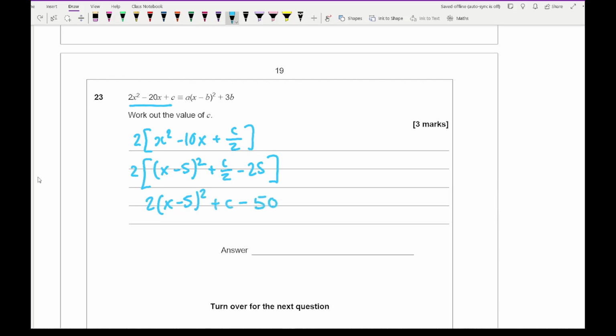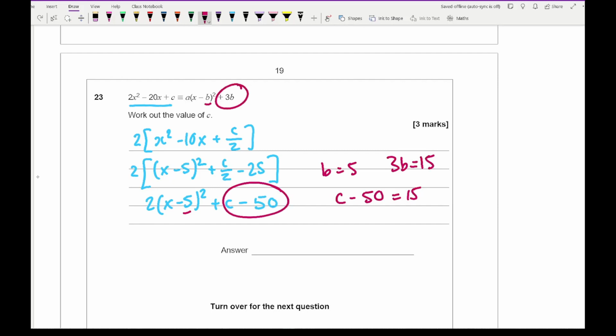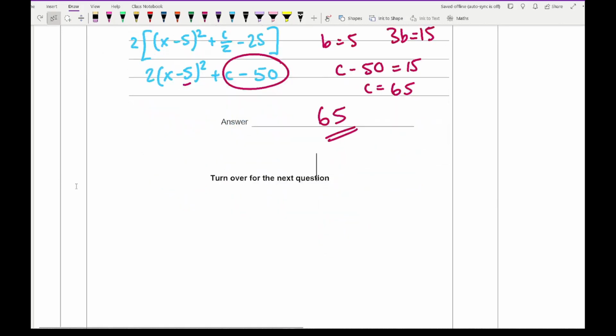Now from this I can say that b equals 5, and if b equals 5, then 3b is going to equal 15. And then I've got that c minus 50 equals 15, because I'm comparing this to this, and then c is going to give me an answer of 65. There is my final answer for that one.